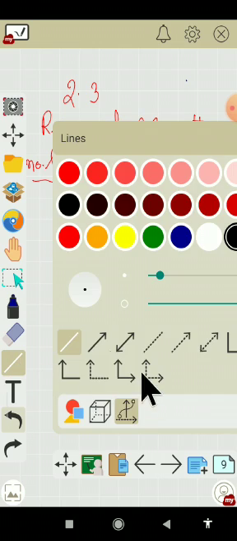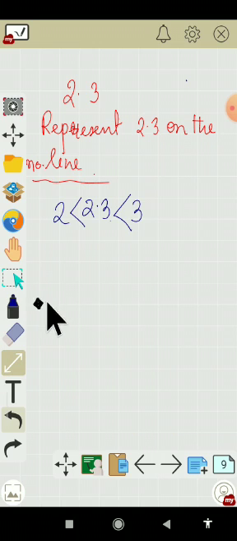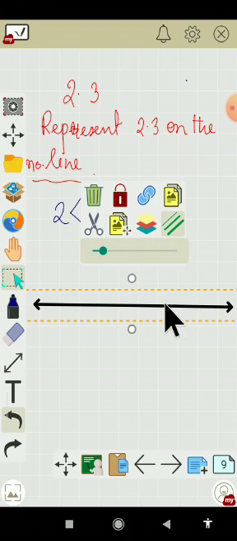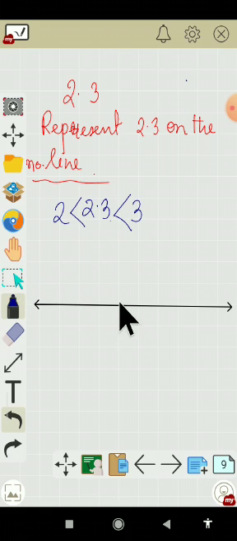Now draw the number line first. I have drawn the number line here, so try to make it a little bit thin. Okay, it's okay now. Now write down 0 somewhere, then 1, then 2, then 3.